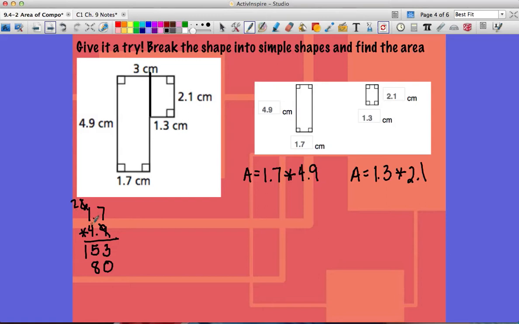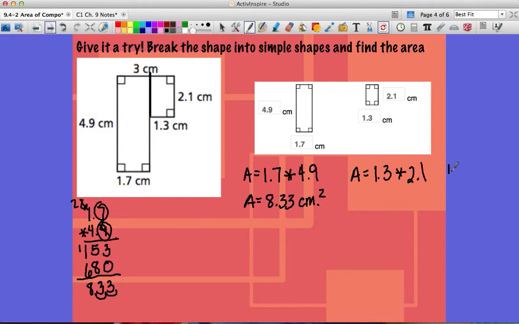Carry the 2. 1 times 4 is 4, plus 2 is 6. If we add these together, we get 3, 13, 6, 7, 8. But because we have two numbers after the decimal, we move our decimal 2 places to the left. The area of the first rectangle is 8 and 33 hundredths centimeters squared.